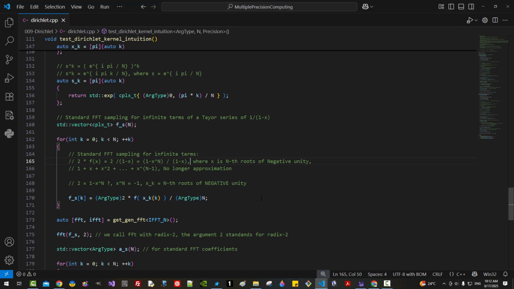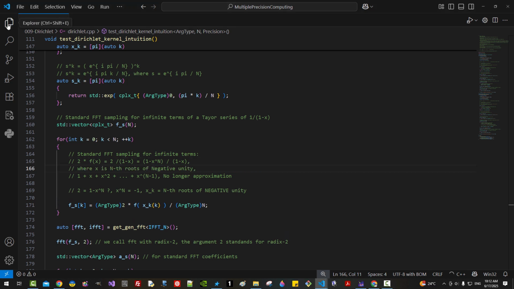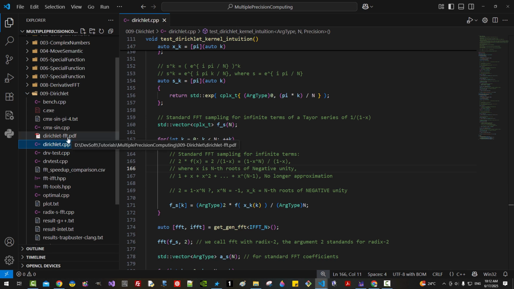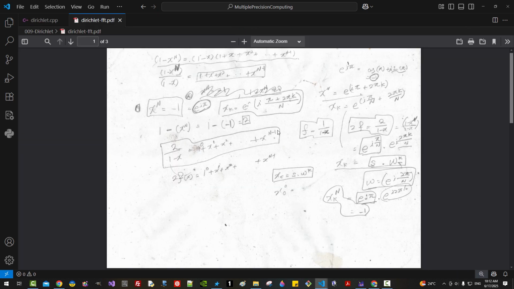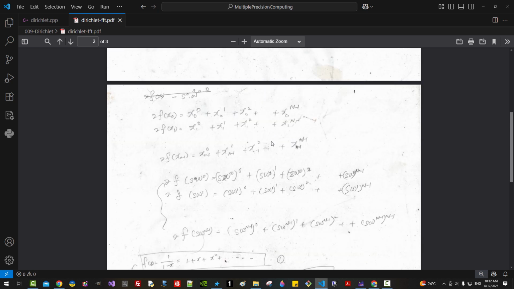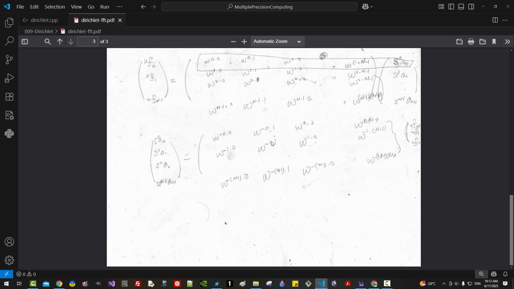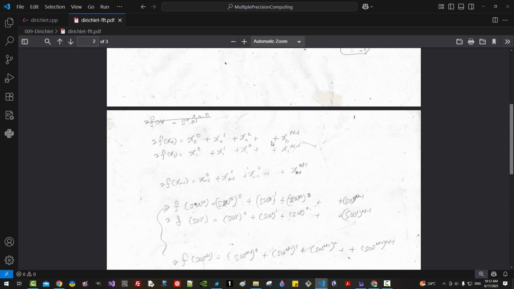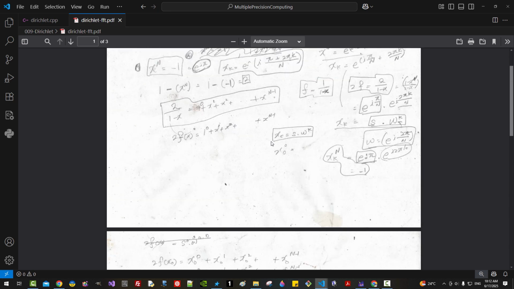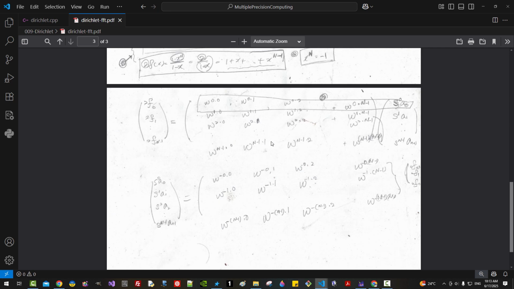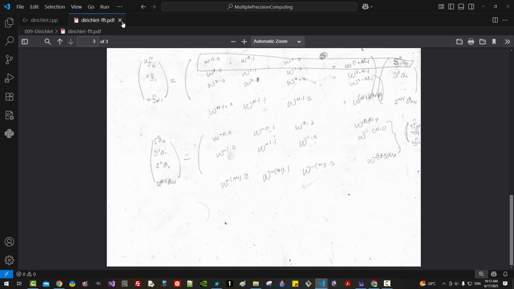Please understand that I found this independently. In this PDF, I show how I derived 2 over 1 minus x as this power series. This is what I scanned to prove my independent discovery.